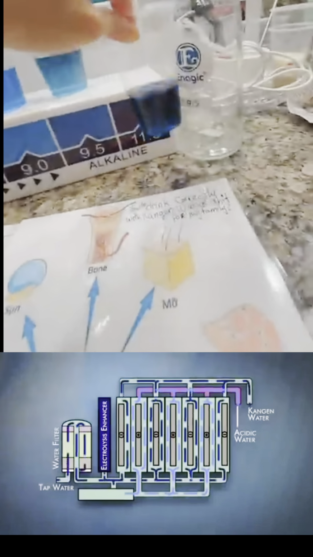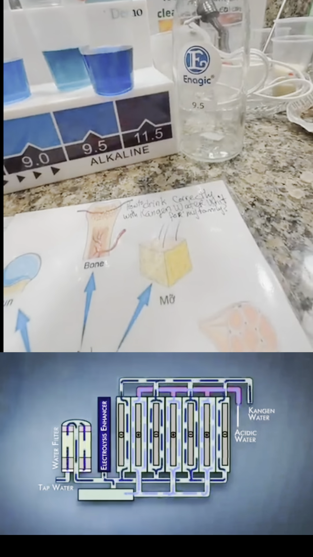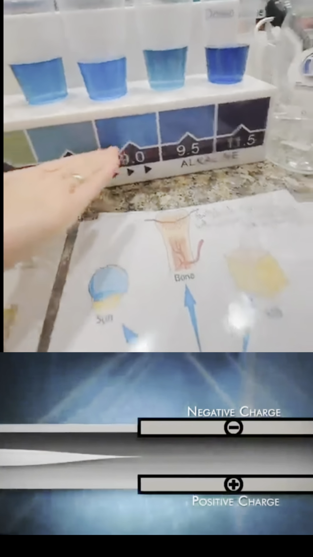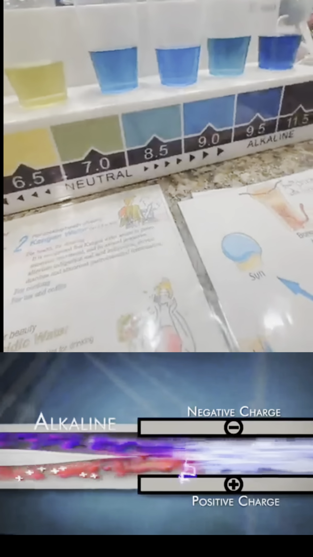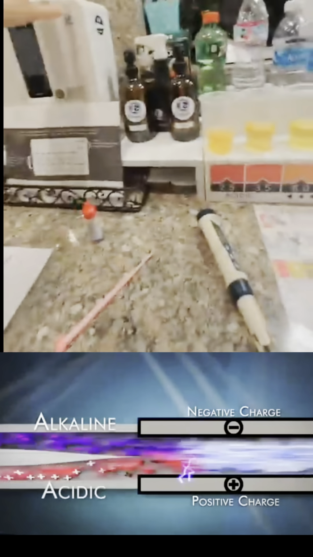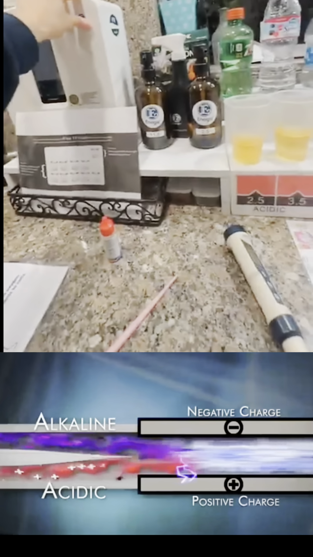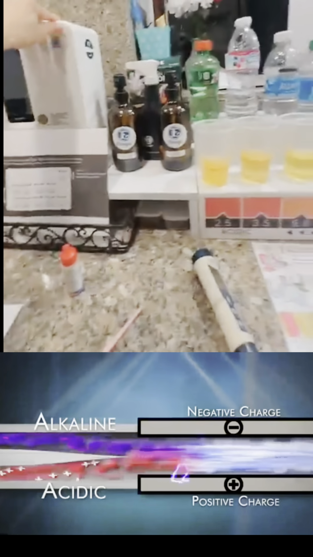The water passes over the plates. The minerals in the water are separated into two streams of water, one alkaline and one acidic. The more plate surface area and the more power you can apply to the plates, the better the separation and the better the quality of the ionized water. Some metals are better electrical conductors than others, and some hold up to the abuse of electrolysis.